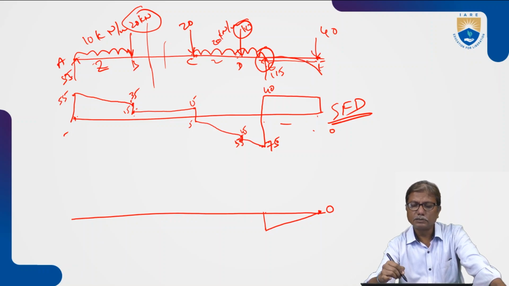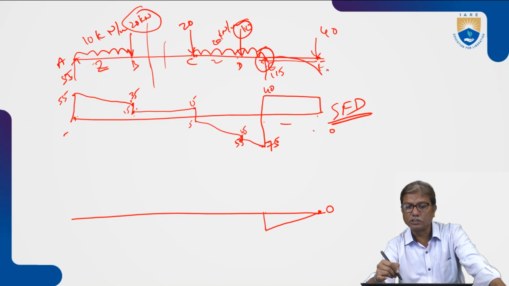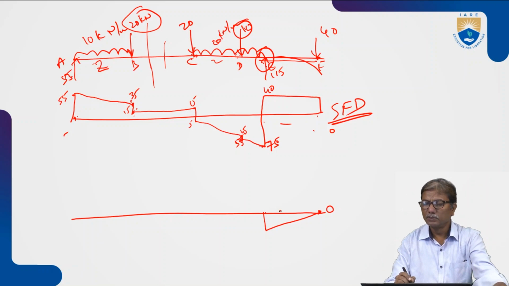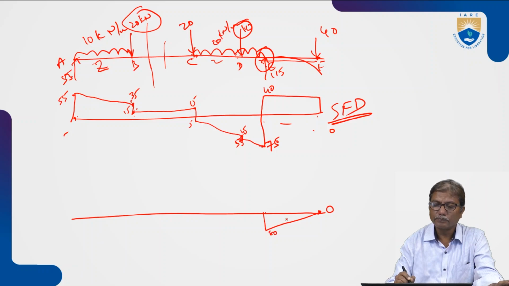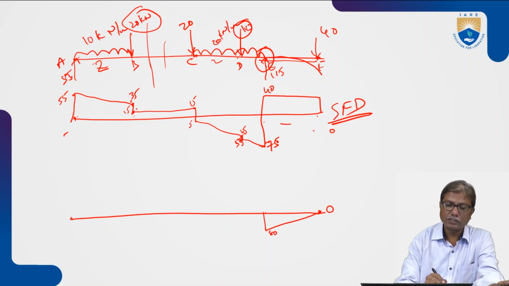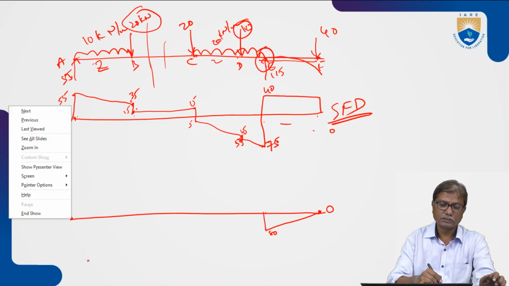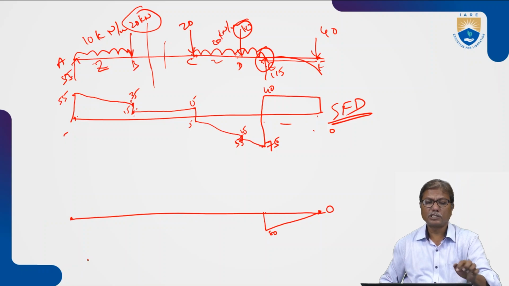The shape will be hogging, isn't it? It bends downwards. So you will have negative bending moment, 80. And at A also it is 0.